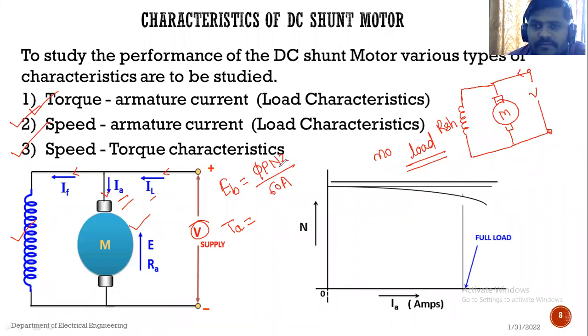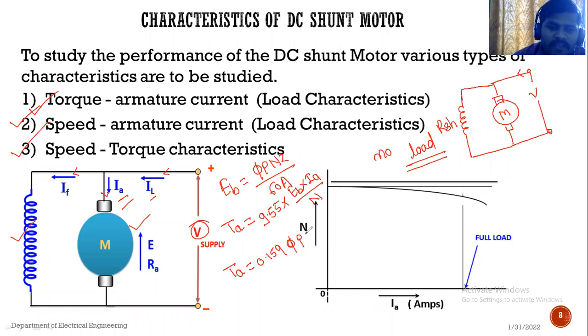Formula for torque equation: 9.55 into EB into IA divided by N. This is an alternative formula. Before that we had derived one, torque TA is equals to 1/2π, or we can represent 0.159, into phi P Z IA divided by A. Okay, phi P Z IA divided by A.